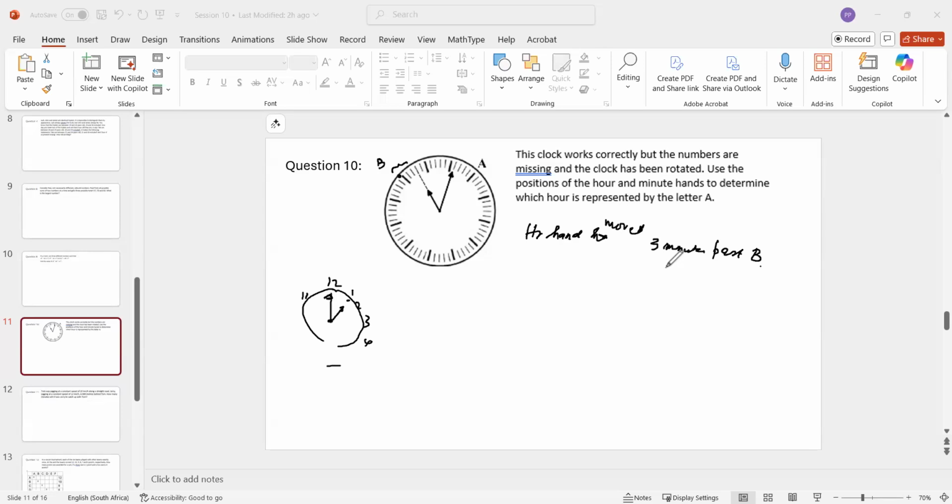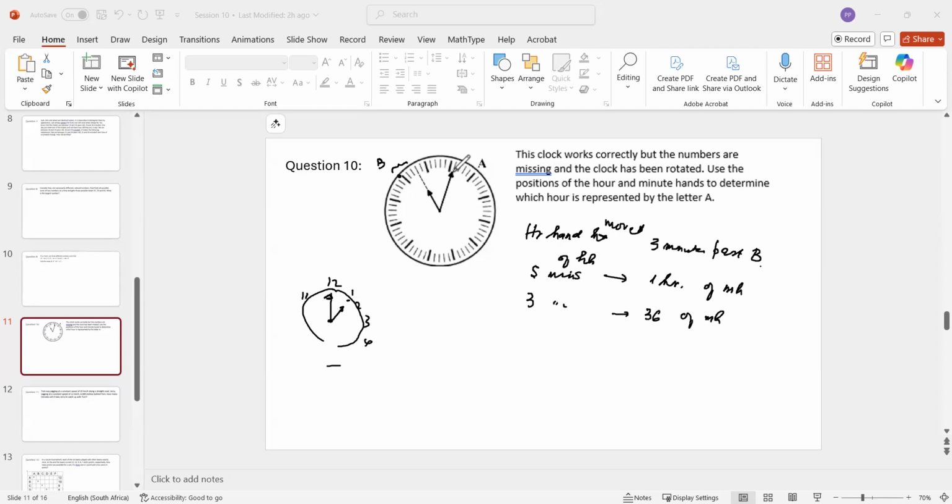So it means that 5 minutes will be 1 hour. It corresponds to 1 hour of the minute hand. So 5 minutes of HH, hour hand, is 1 hour of minute hand. So 3 minutes of hour hand, now this is, the hour hand has moved 3 minutes, will be 3/5 of 1 hour. So that's 36 of the minute hand. So the minute hand has moved 36 minutes.